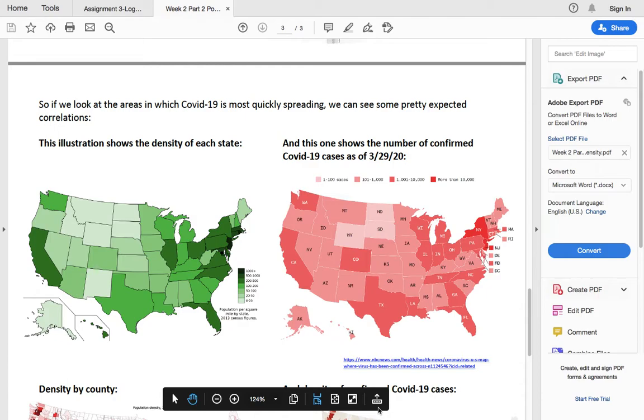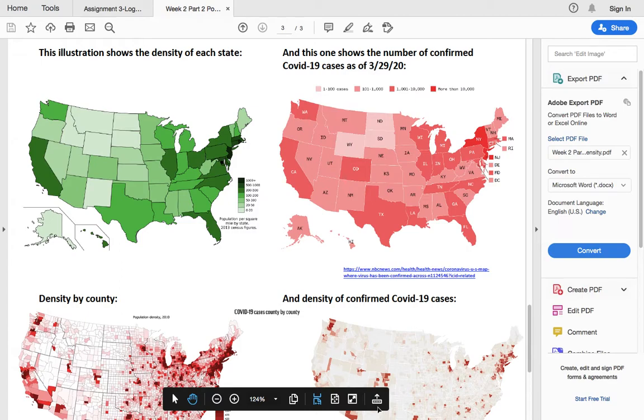So if we look at the areas in which COVID-19 is most quickly spreading, we can see some pretty expected correlations or connections. That top left green illustration shows the density of each state. The darker green, the higher the population density.